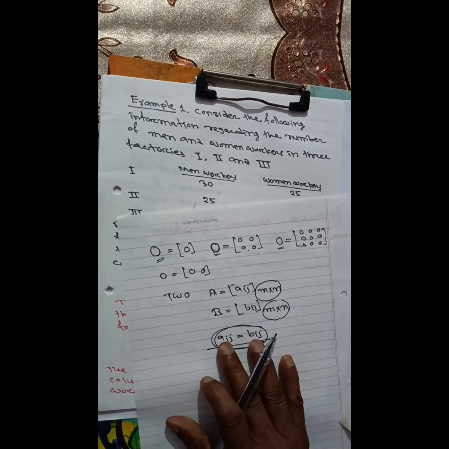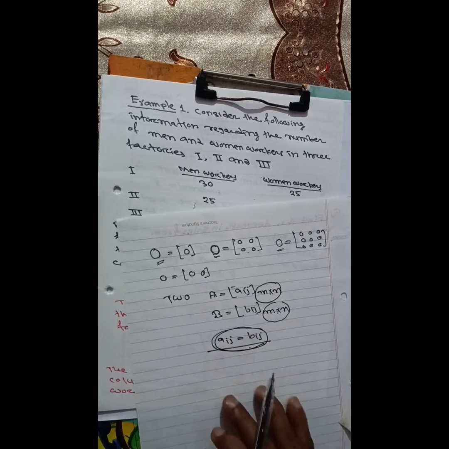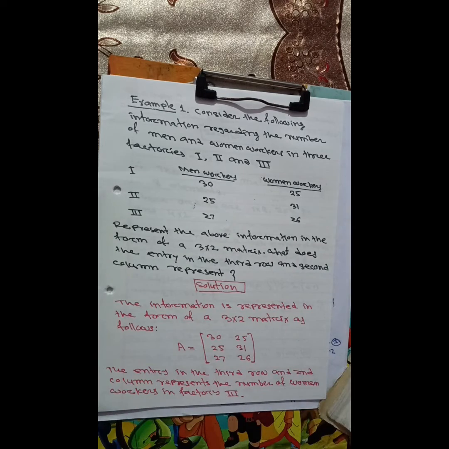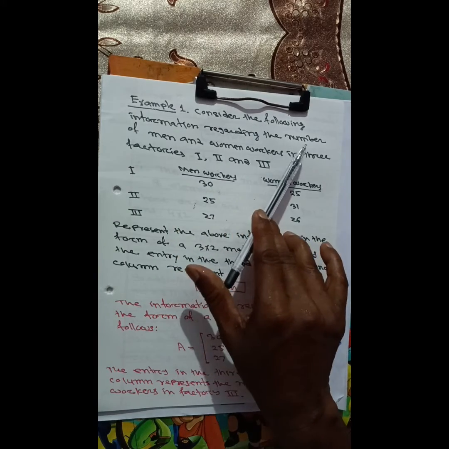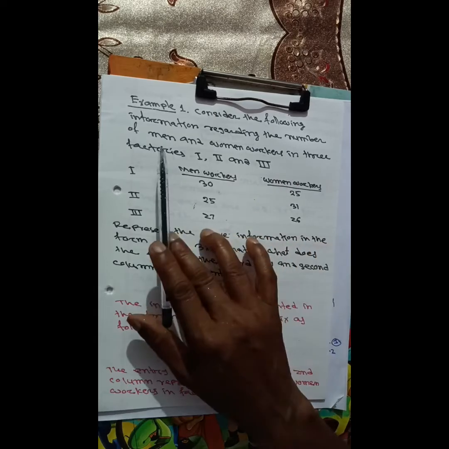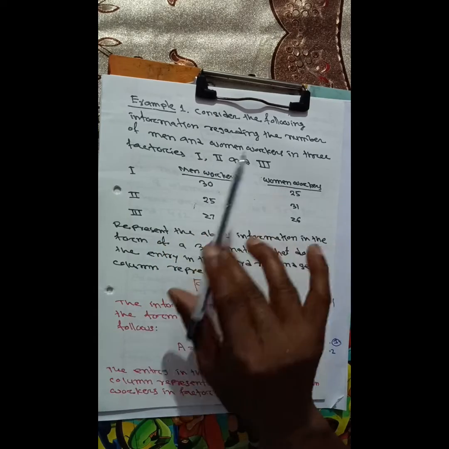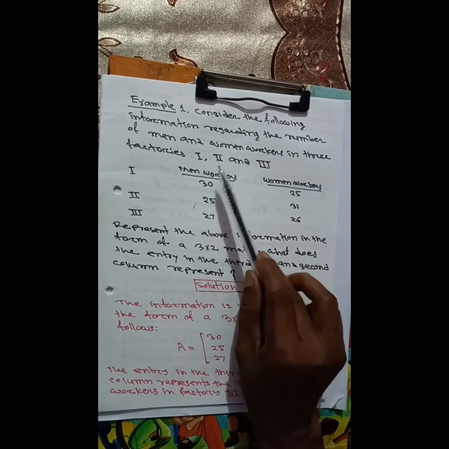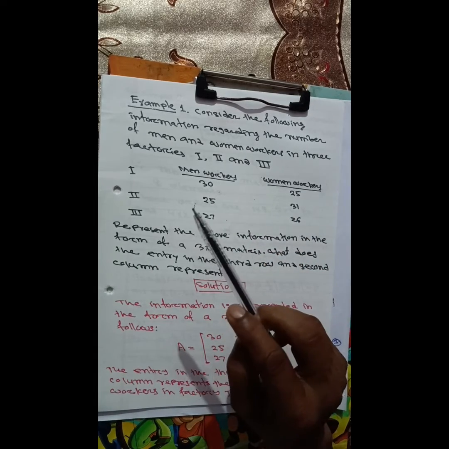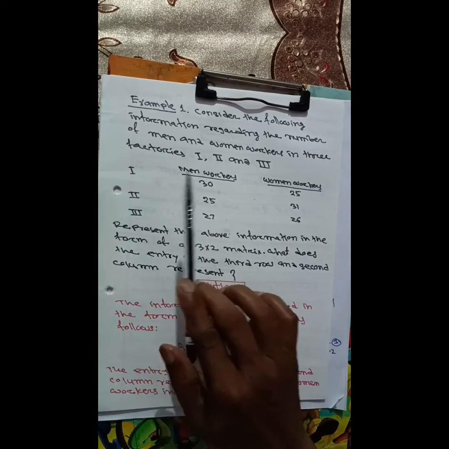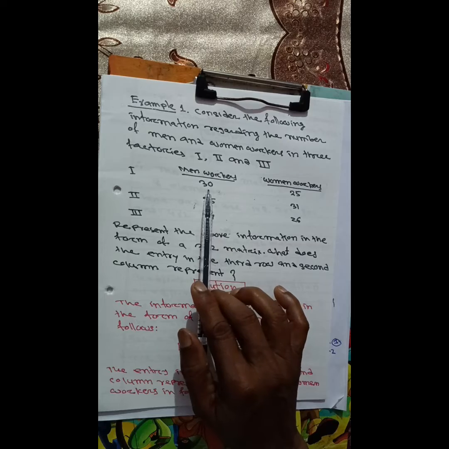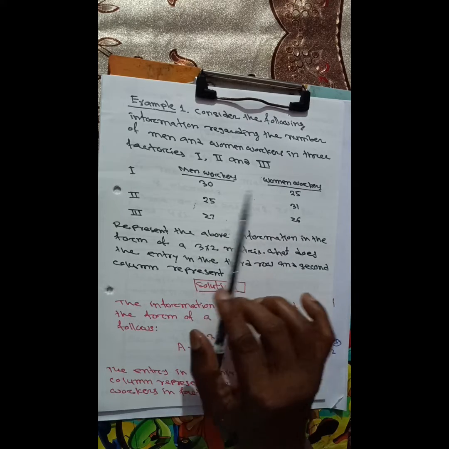Now we are going to discuss the problems found in the textbook. Example 1. Consider the following information regarding the number of men and women working in three factories: factory 1, factory 2, factory 3. In factory 1, men workers are 30 and women workers are 25.